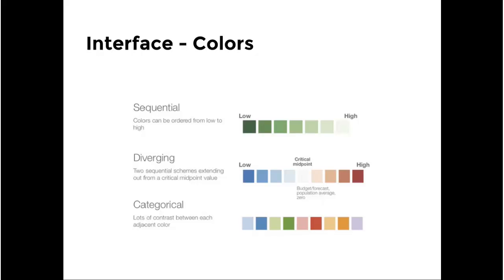And then for categorical, you want to make sure that you're using a tremendous amount of contrast. If you're trying to communicate that things are in different buckets, you want those colors to be very different. If you're using a singular color palette of green to communicate different categories, that would be more confusing than simply using colors that have a tremendous amount of contrast in them.